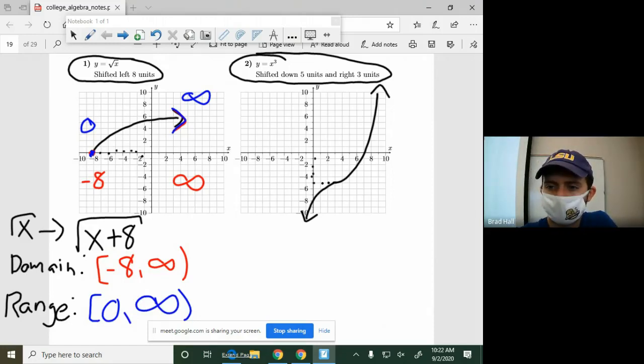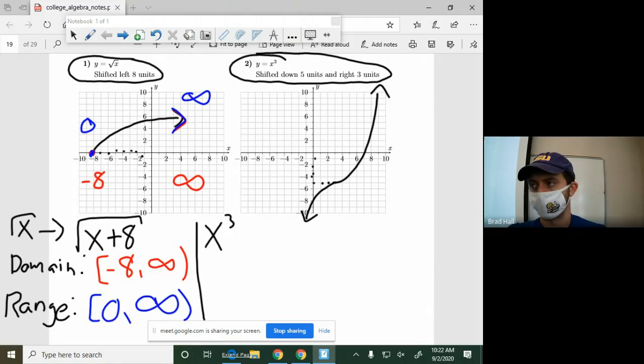So now let's think about the more important parts. How is this affected algebraically? So it's asking us to go in 2 directions, down and right. Well, if anything, let's do down 5 first. We can build this thing one at a time.